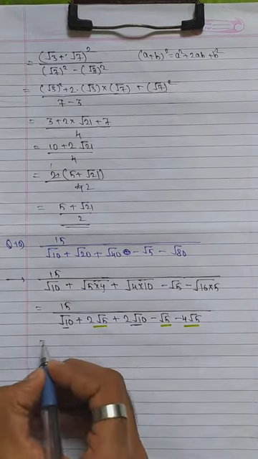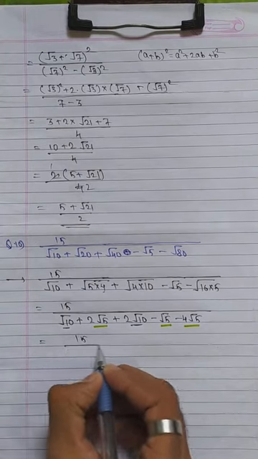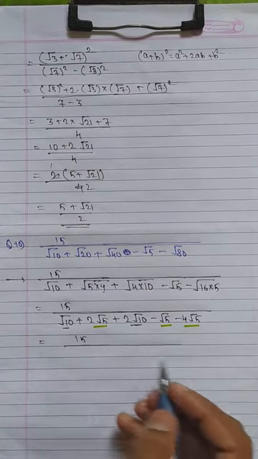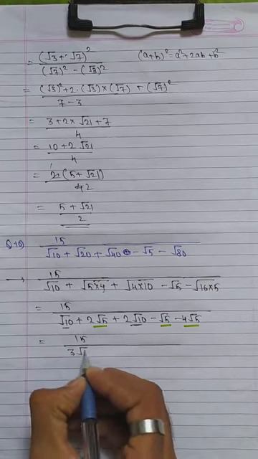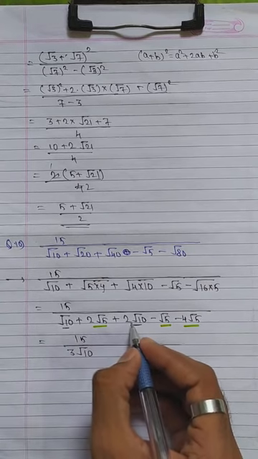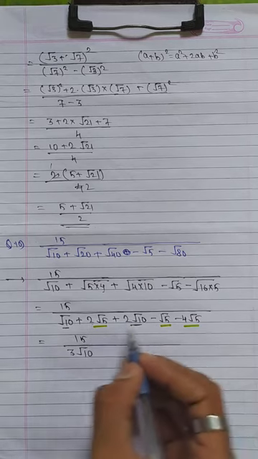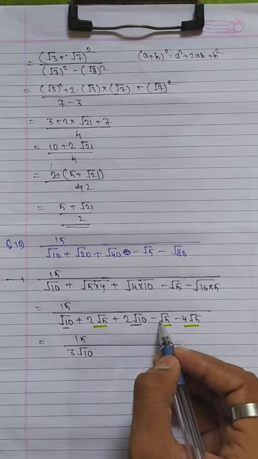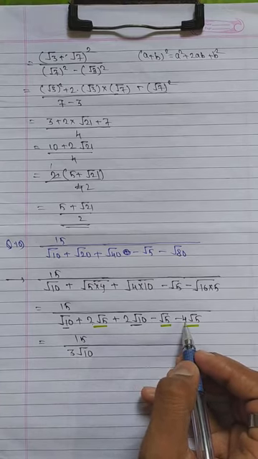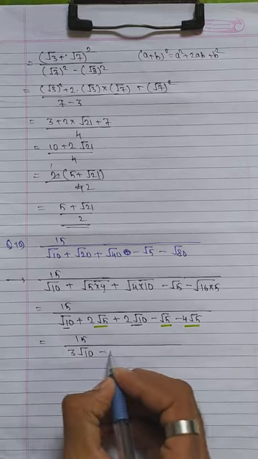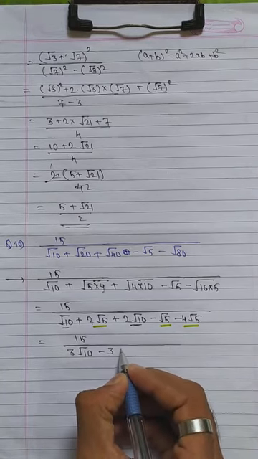Okay, so this is equal to 15 upon root 10 plus 2 root 10, that is 3 root 10. Then 2 root 5 minus 1 root 5, 2 minus 1, 1 root 5. 1 root 5 minus 4 root 5, 1 minus 4, that is minus 3 root 5.